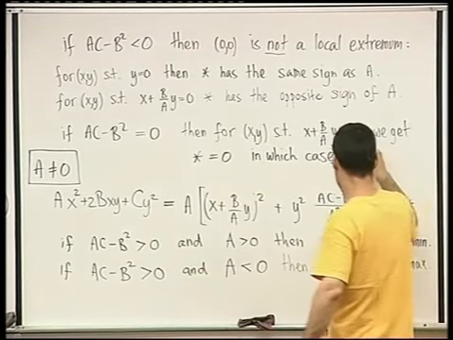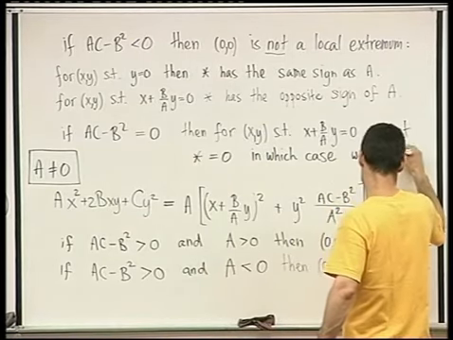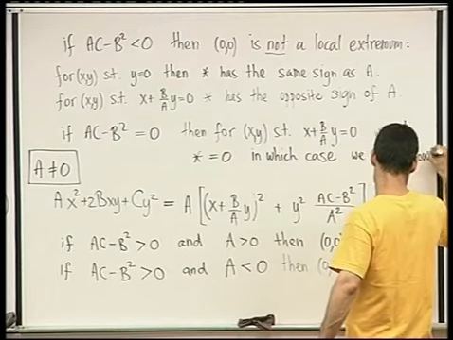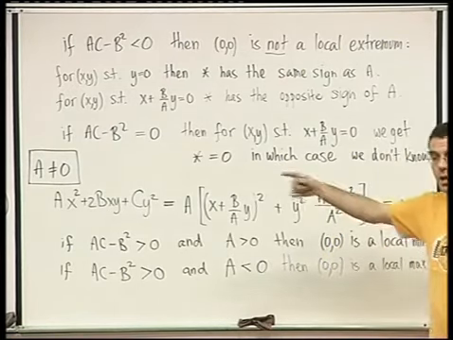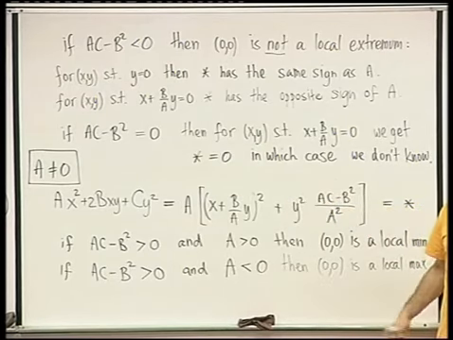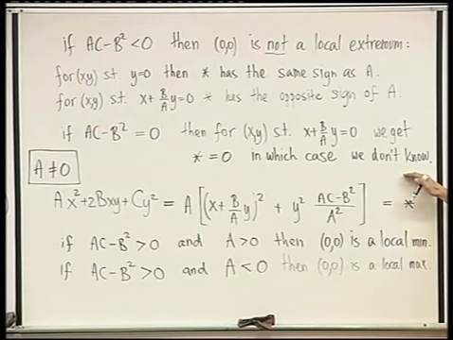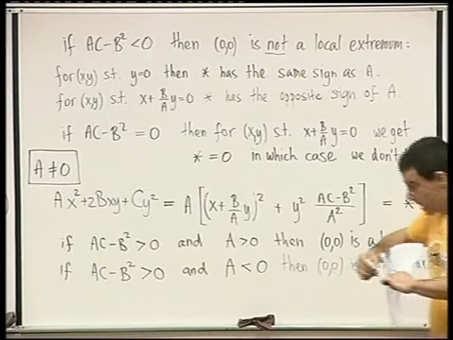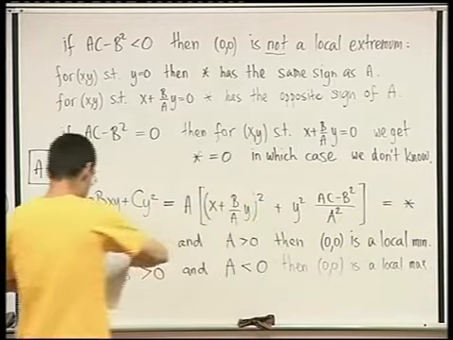In which case, we don't know, because the higher order derivatives now play an essential role. They're no longer negligible. Is this clear so far? Okay. So we still have to take care.